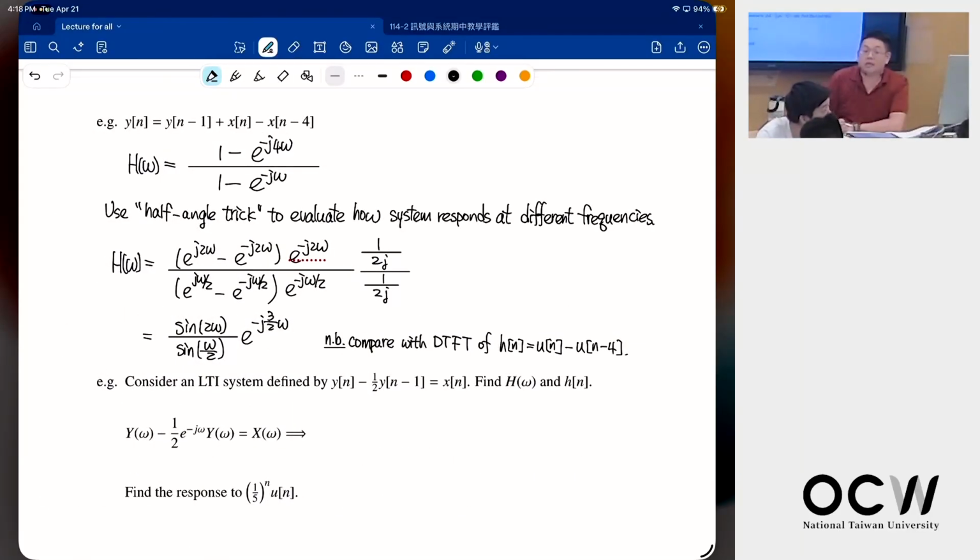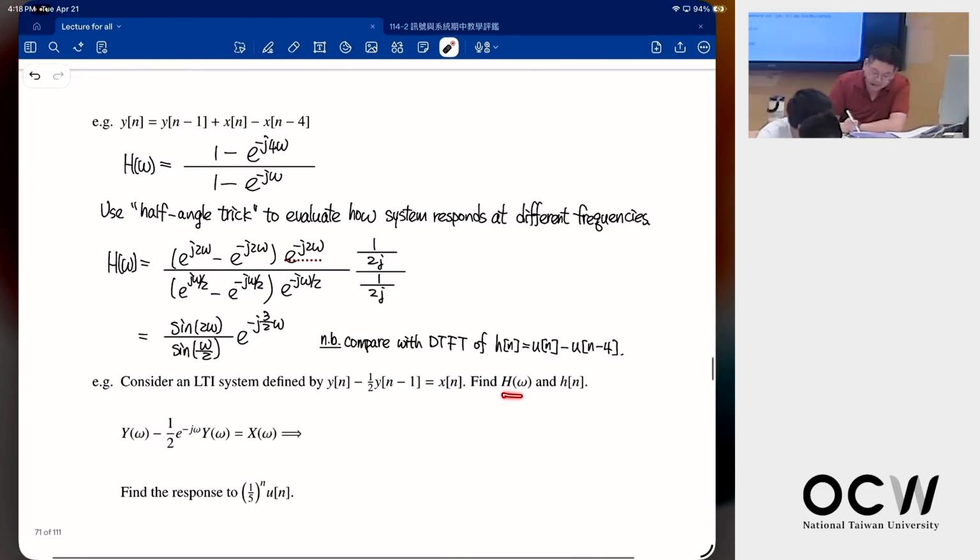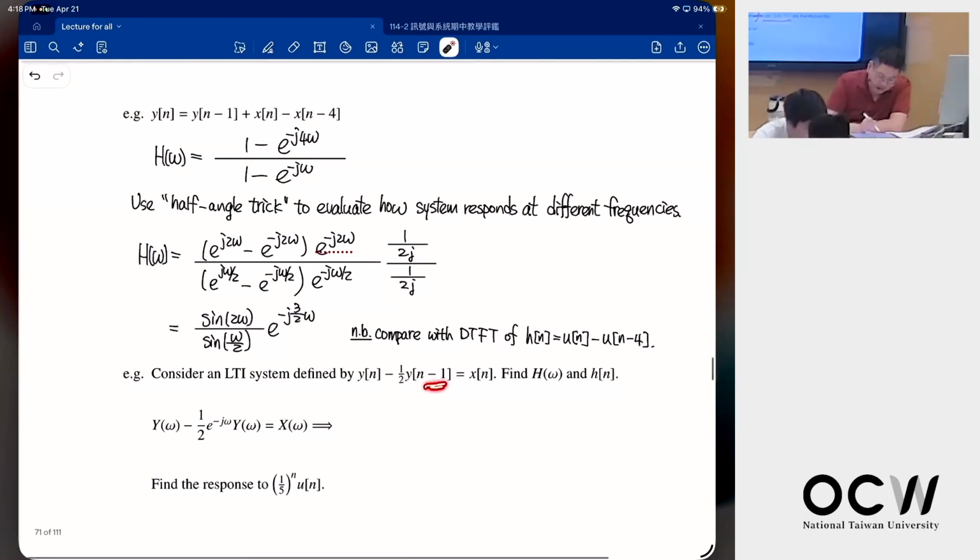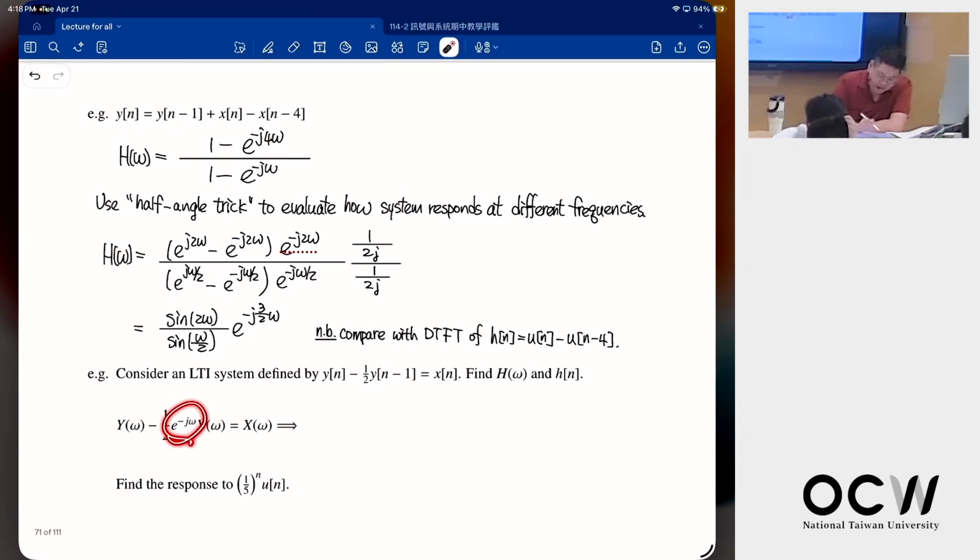Next one, another LTI system. Okay, here is our difference equation. I need to find the frequency response of the system and also the impulse response. So if I take the Fourier transform, if I shift by 1, I will multiply by e to the minus j omega.